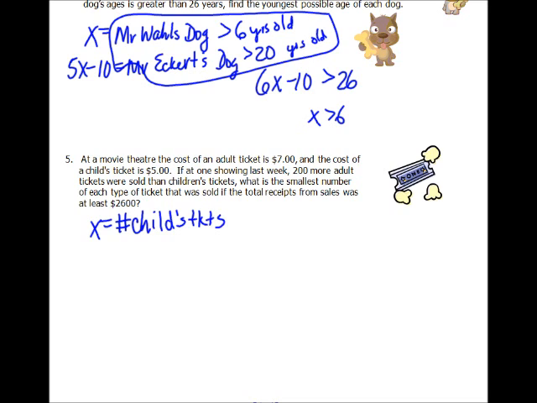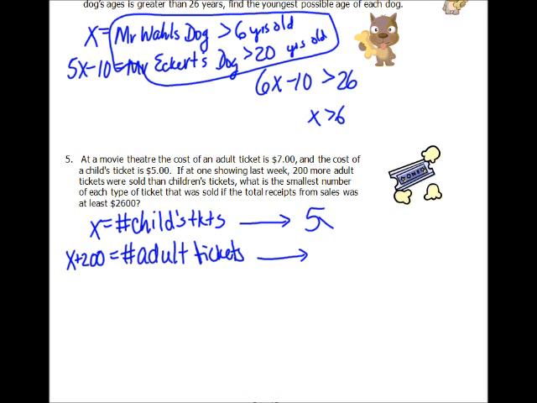And you can stop here and try it on your own if you would like. x plus 200 is going to be the number of adult tickets. Now I need to think about the value that represented. So the value here was a child's ticket is $5, so that's 5x. An adult ticket is $7, so the value is 7 times the quantity x plus 200, because this is the total number.